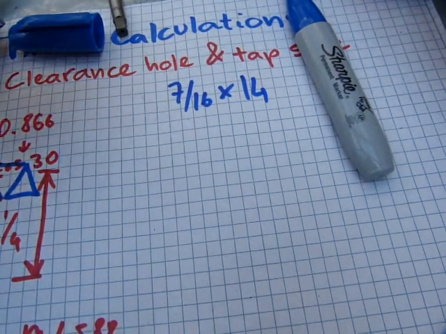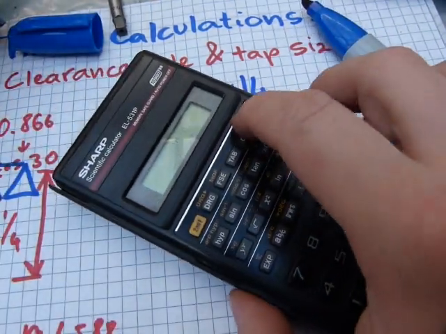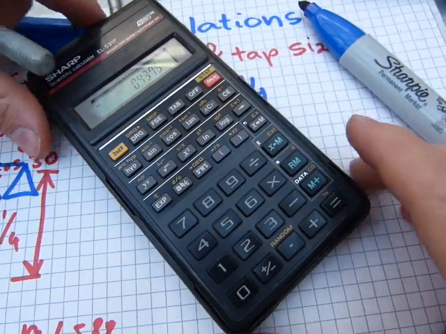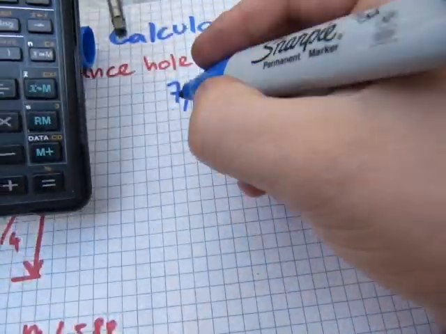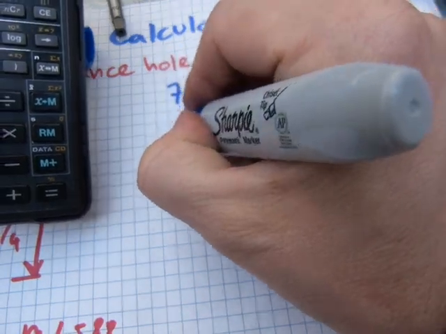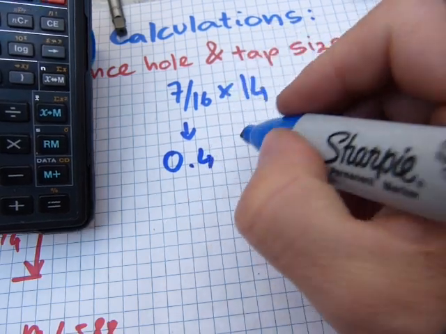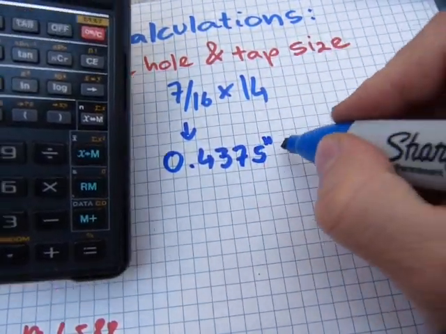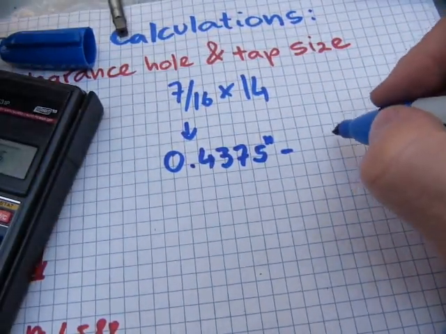That's a good start. But 7/16 is hard to work with. We need right away a decimal. So 7/16 is 0.4375. So the major diameter, the nominal diameter, 0.4375 of an inch, needs to be lessened by a whole lot.